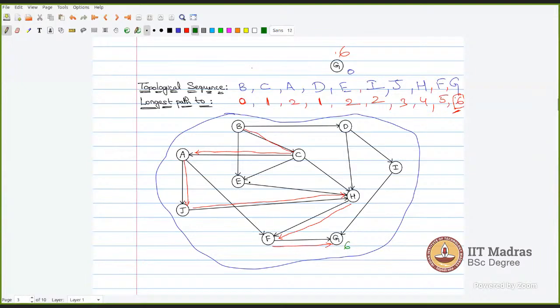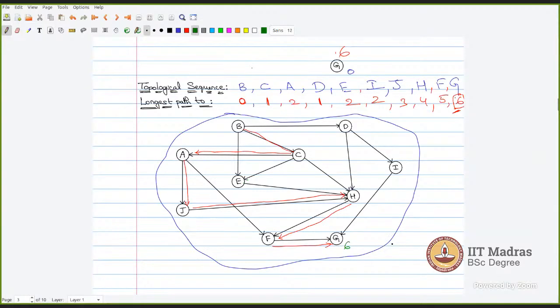Now you are starting from E. In this DAG, if you start from E, there is only one outward edge that goes to H, and from H there is only one outward edge that goes to F, and from F there is only one outward edge which goes to G. So the path from E to G is 3, not 6.